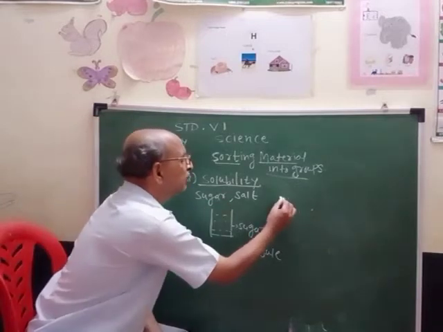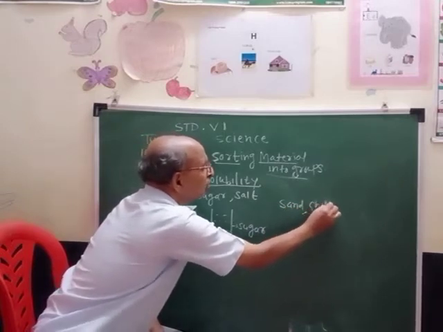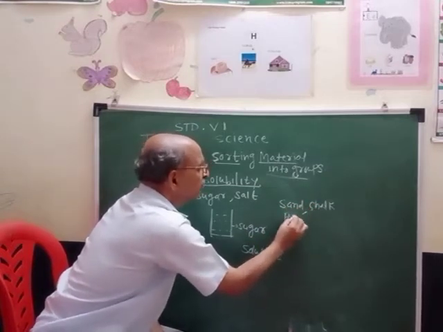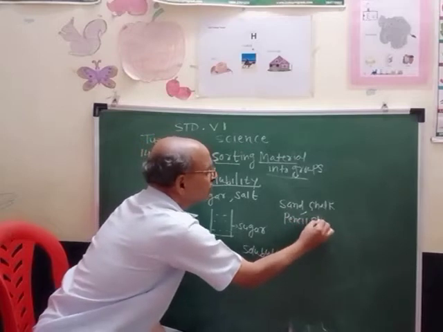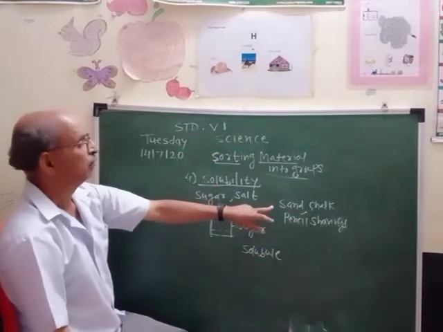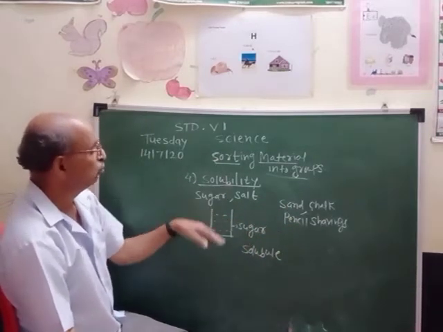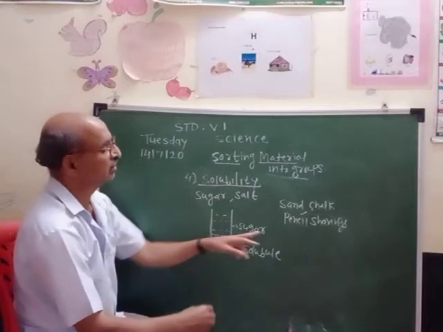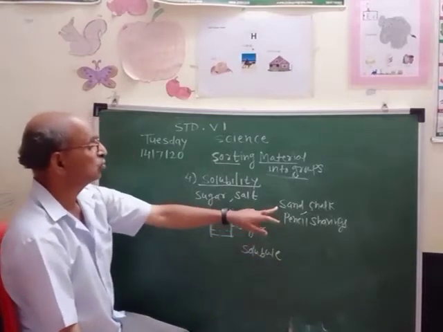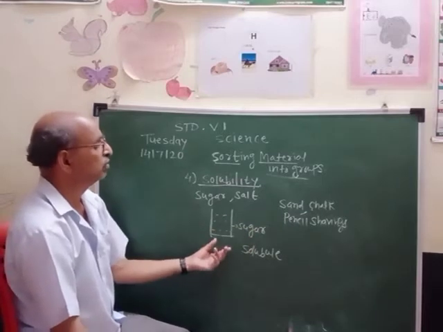And the other is if we take sand, chalk, then pencil shaving. If we put sand, chalk and pencil shaving into the water and stir it very well, then also sand, chalk and pencil shaving are not able to dissolve in the water.